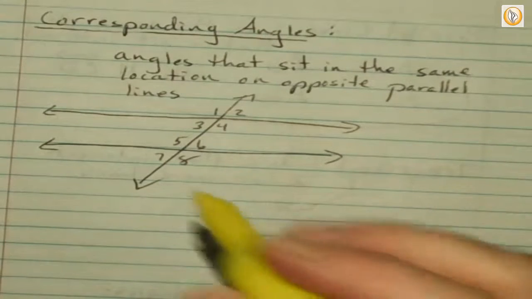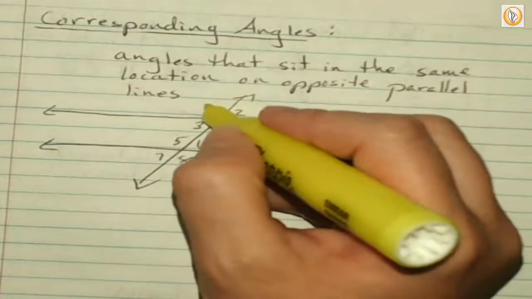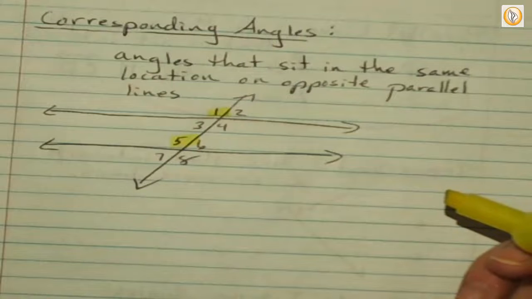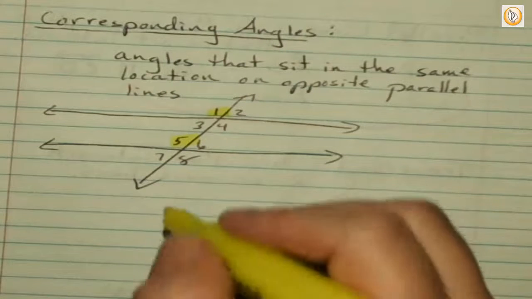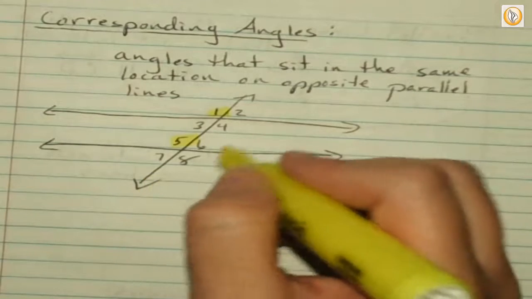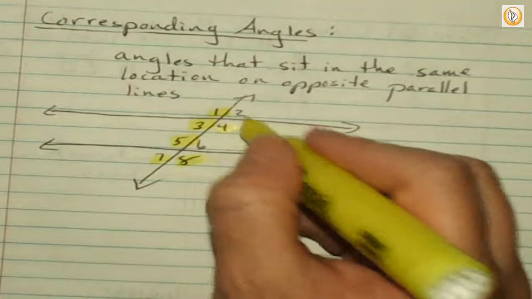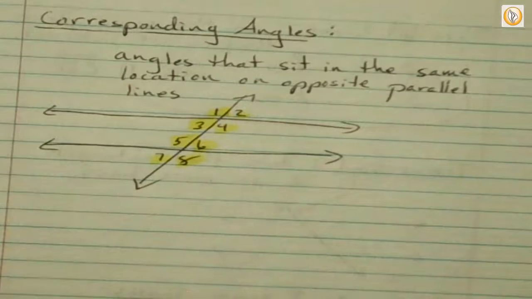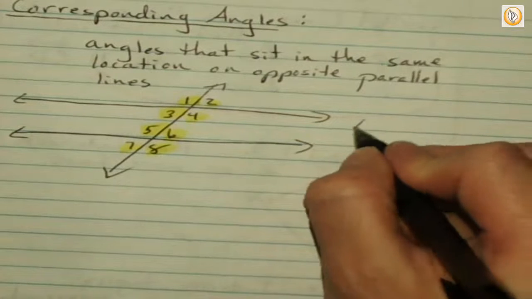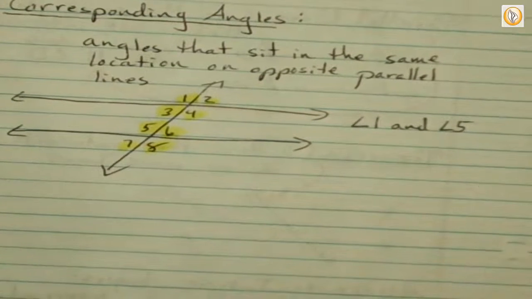Your corresponding angles would be like 1 and 5, or like 3 and 7, or 8 and 4, 6 and 2. All of those are corresponding angles, but we need to make sure we realize angle 1 and angle 5 are corresponding angles.